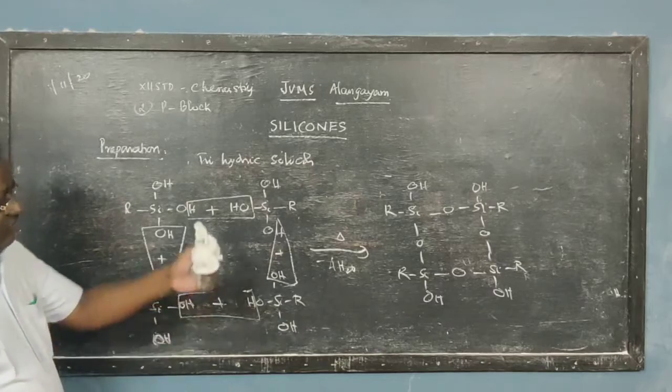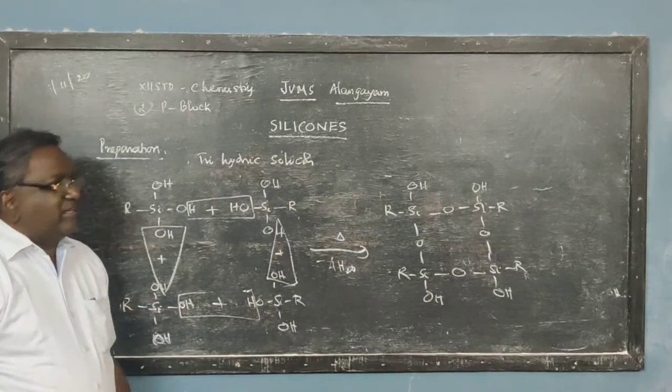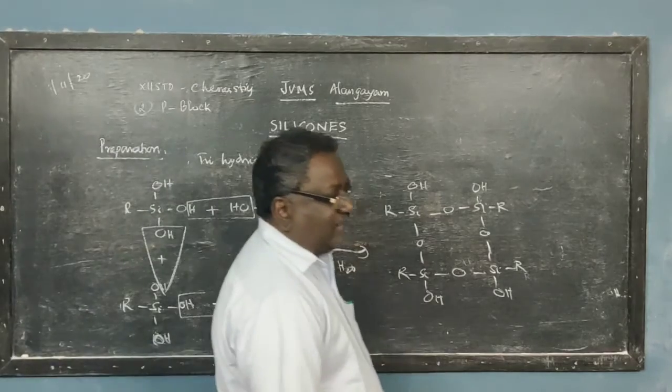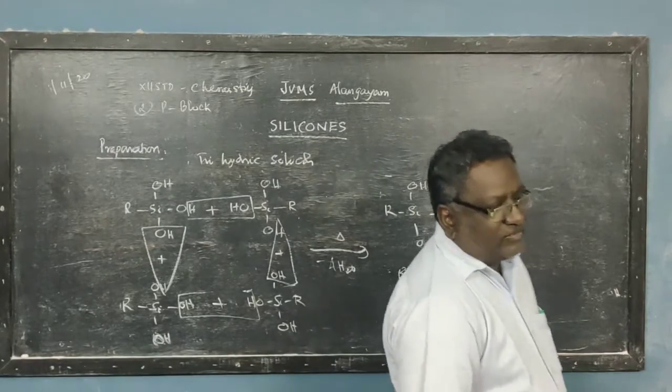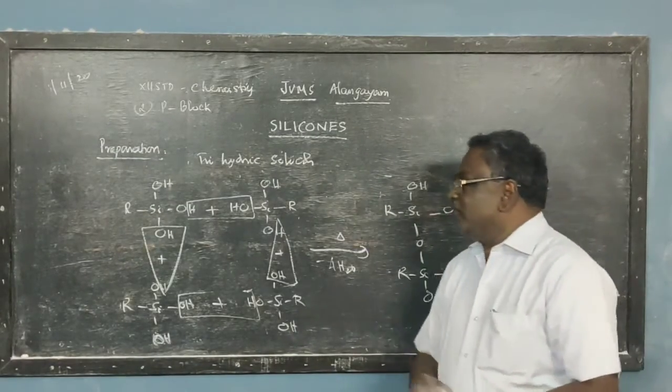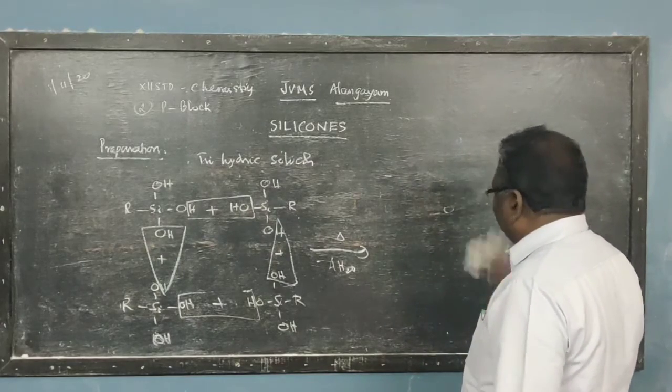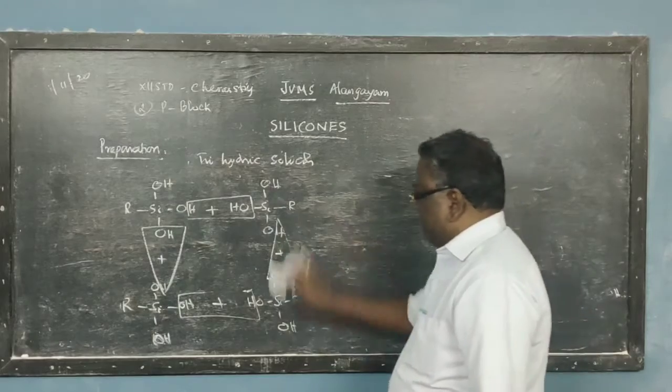This is called cyclic silicone or ring silicones, right? So like that, silicones are prepared. We have linear silicones, cyclic silicones, and ring silicones, which are prepared from different types of alkyl chlorosilanes, right?